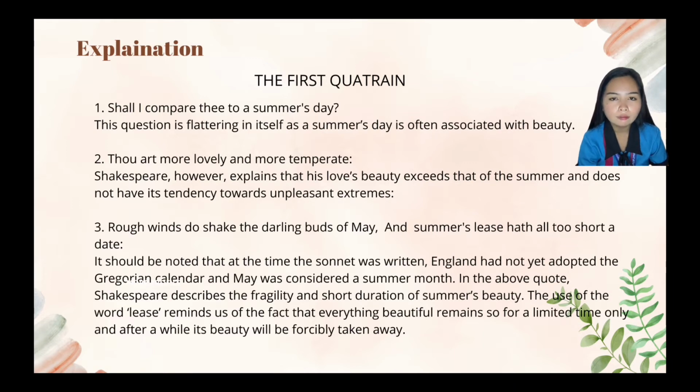In the above quote, Shakespeare describes the fragility and short duration of summer's beauty. The use of the word "lease" reminds us of the fact that everything beautiful remains so for a limited time only, and after a while its beauty will be forcibly taken away.